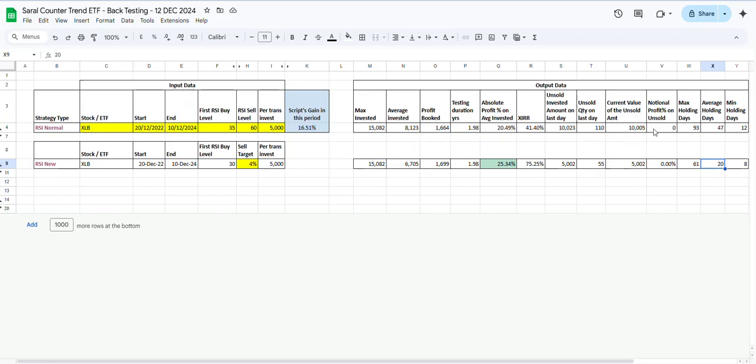In the normal system, the returns were 41% XIRR, because in this system, if the RSI reaches 60, 65, whatever level you have set, you have to sell. And even if it is a loss, you have to sell, right? So this system is still profitable but gives lesser returns compared to XIRR.